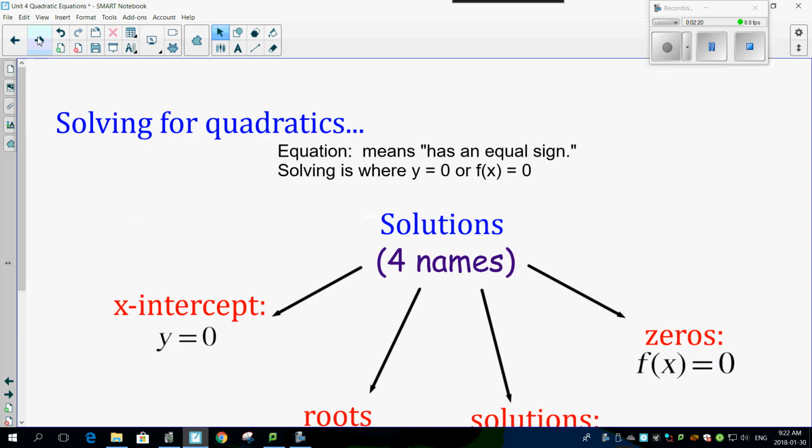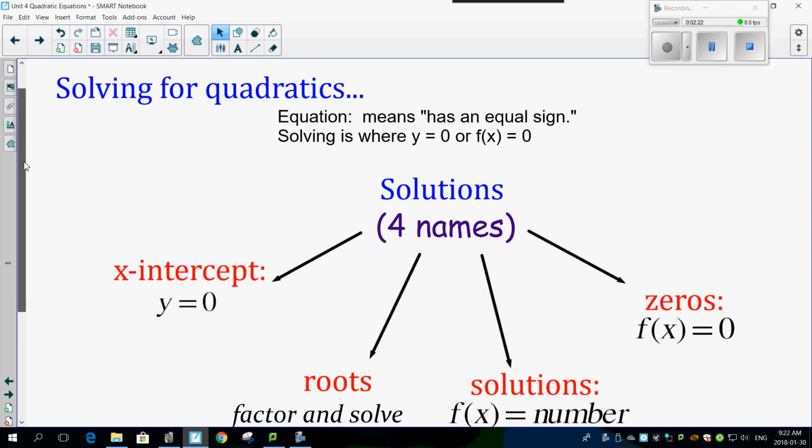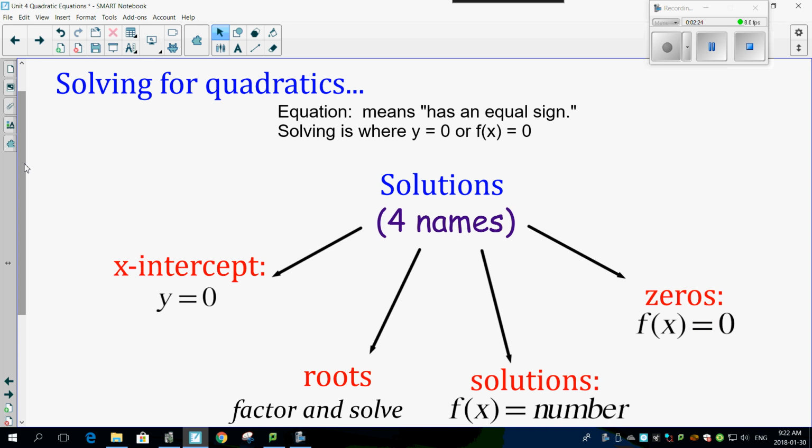Before we go on, let's go into solving the quadratics and talk a little bit about possible names that you may see. We're going to have all kinds of additional names that we'll put onto this a little later on in upcoming podcasts. It says solving for quadratics. You've got to have an equal sign. Next thing is make the y equal to 0 or the f of x equal to 0.